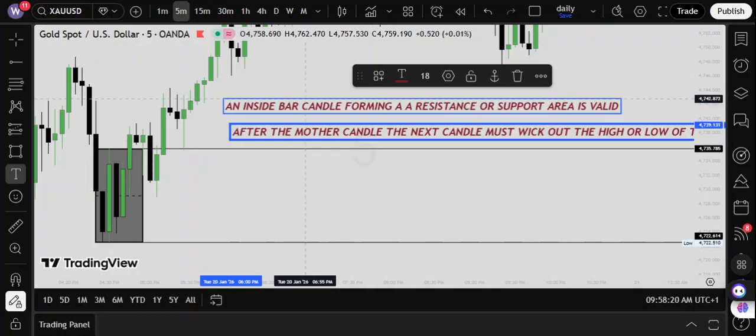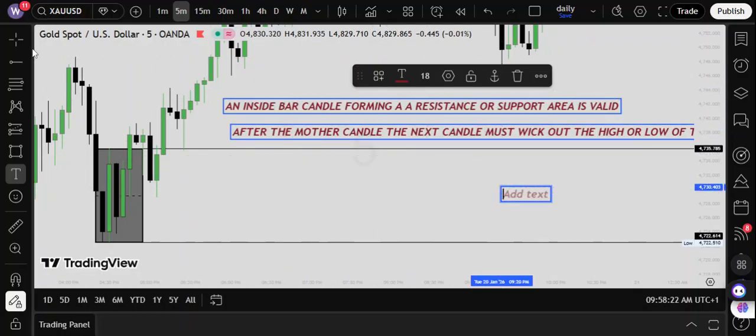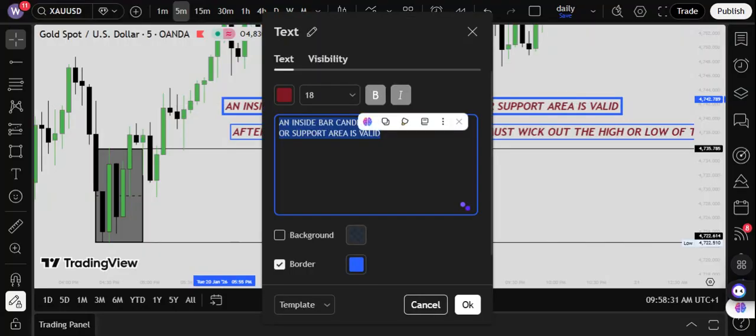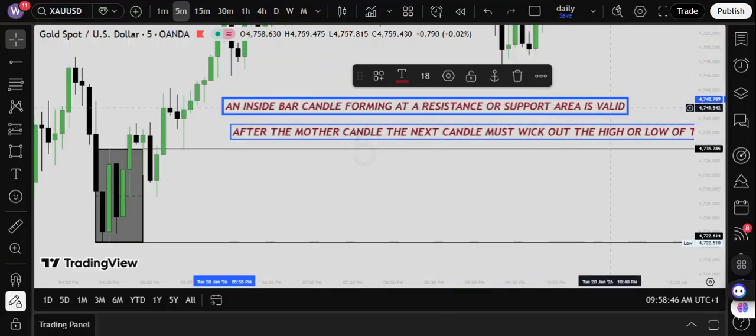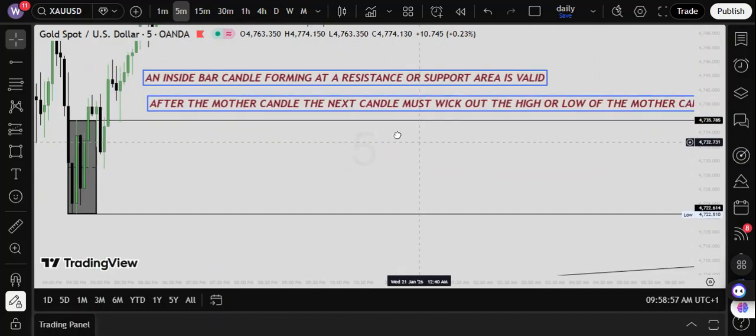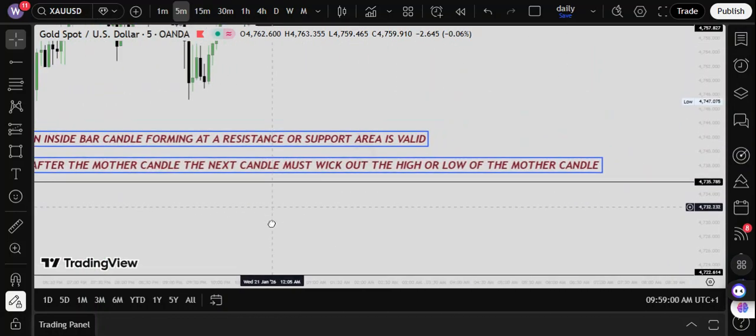So sorry about that. So forming at a resistance or support area is valid. Now after the mother candle, the next candle must not wick out the high or low of the mother candle. It is very, very important. So please take note of this, and that's just how to trade it.